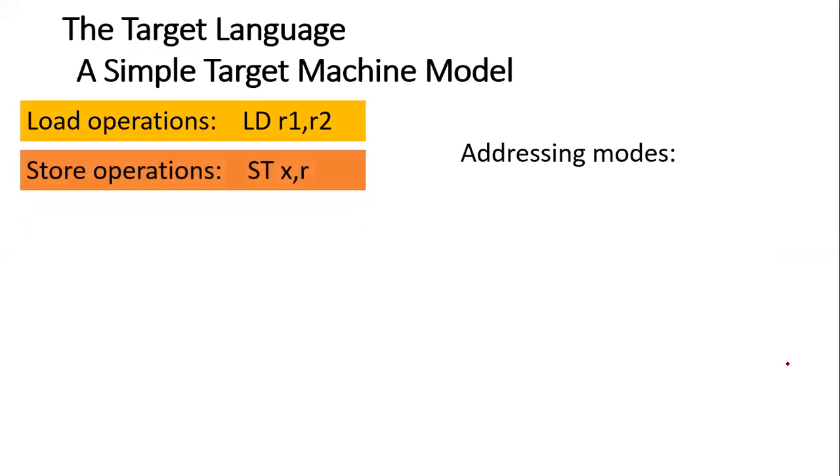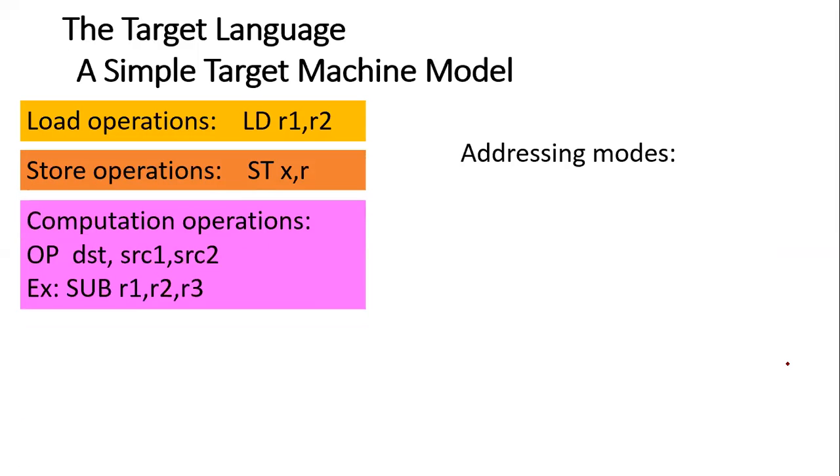Then store operation, ST X, R, where R is stored in X. Then computational operation, op destination, SRC1, SRC2. If the operation is sub or add, for example SUB R1, R2, R3, then R1 is the destination, source 1 and source 2 are R2 and R3, which are subtracted and the result is available in R1. That's the meaning of the computation operation.